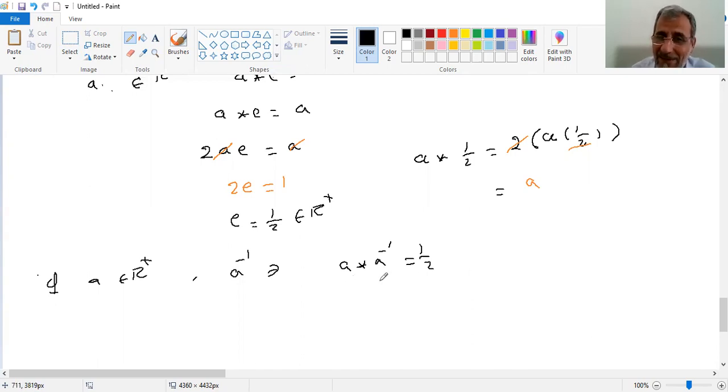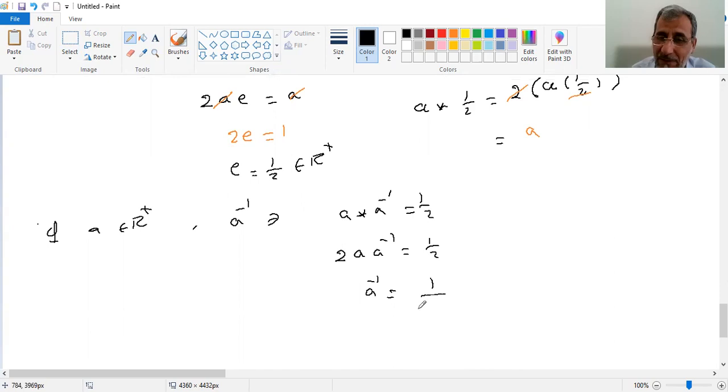Now a star a inverse is 2a times a inverse, which is equal to half. So a inverse is equal to 1 over 4a, because a is a positive real number. So the inverse of a is 1 over 4a.